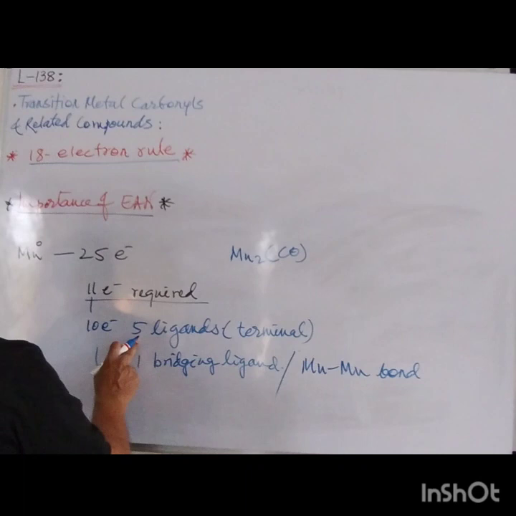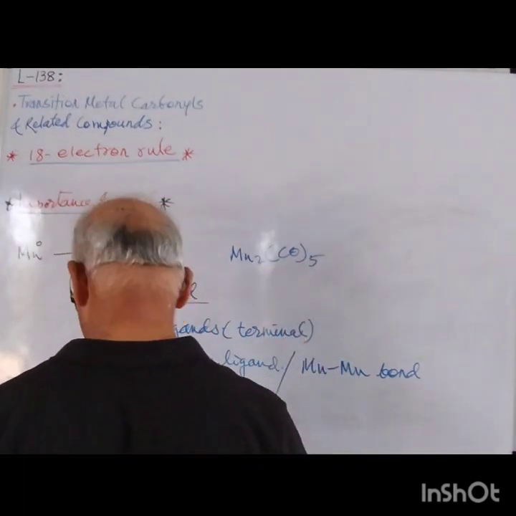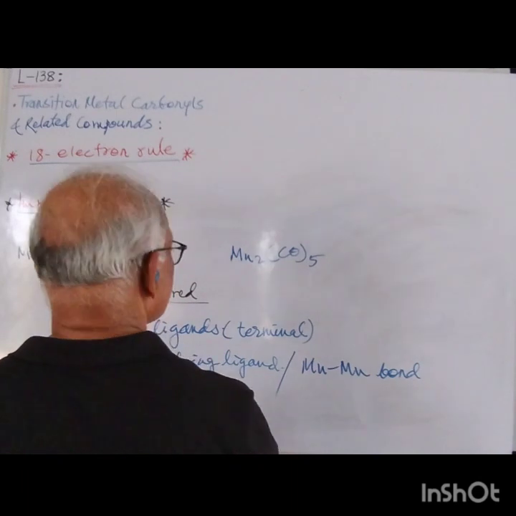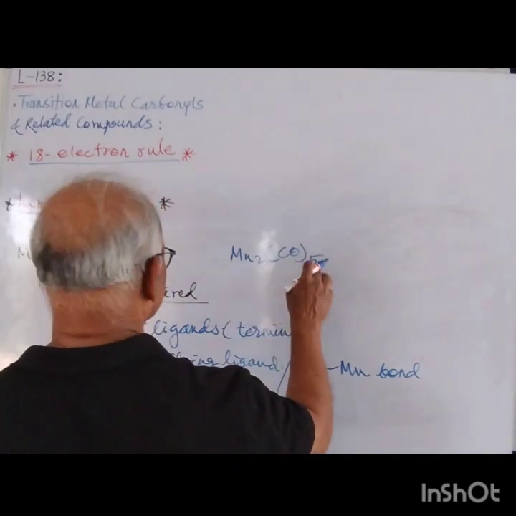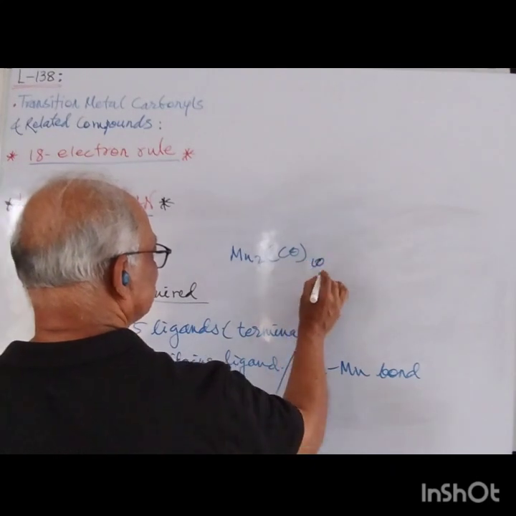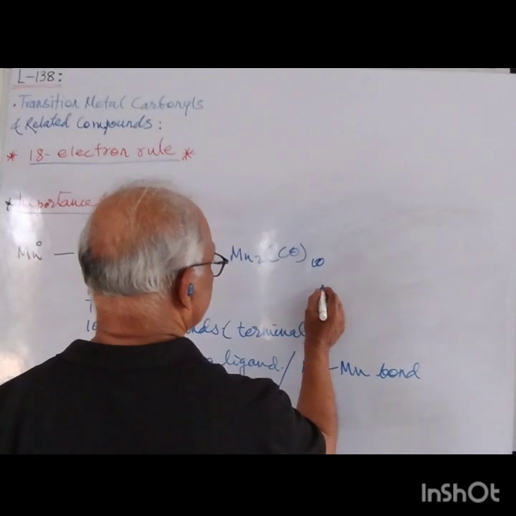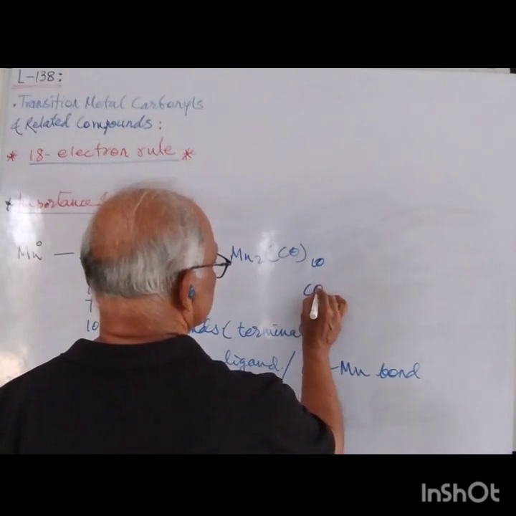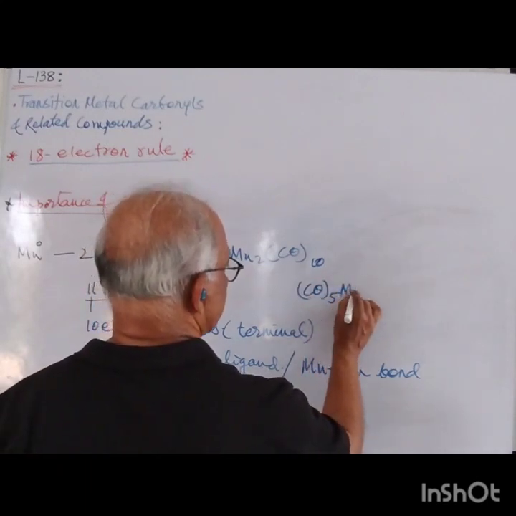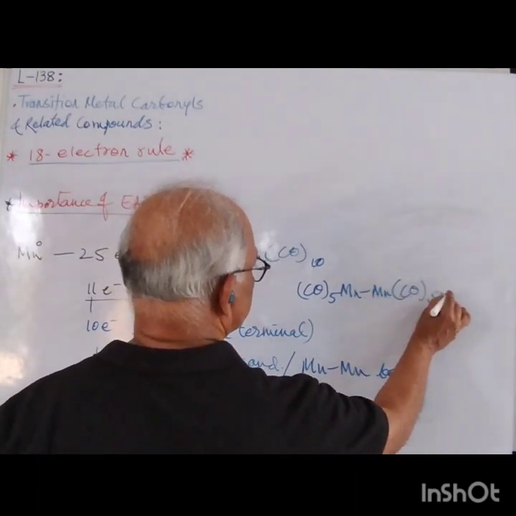So 5 ligands, Mn2(CO)5 each, but totally it will require 10. Means this can be alternatively shown as (CO)5Mn-Mn(CO)5.